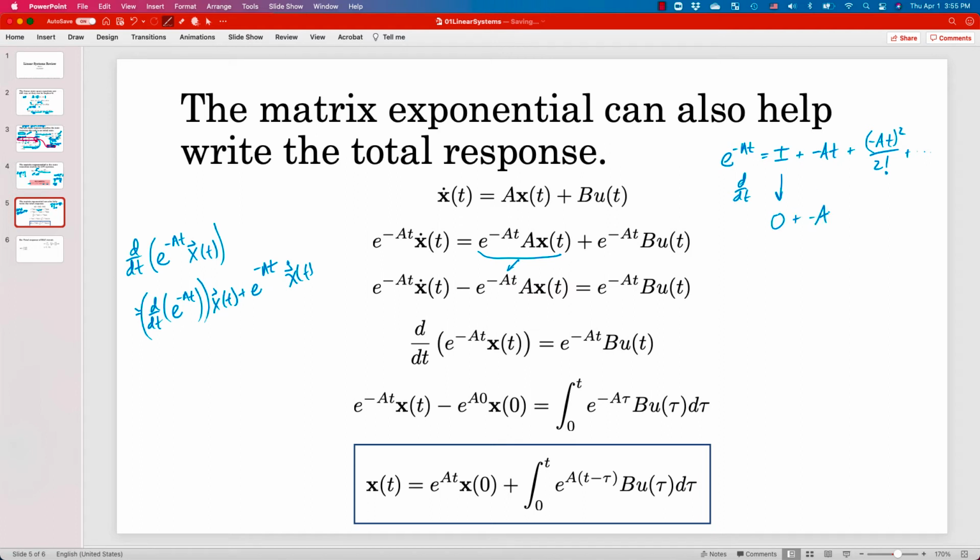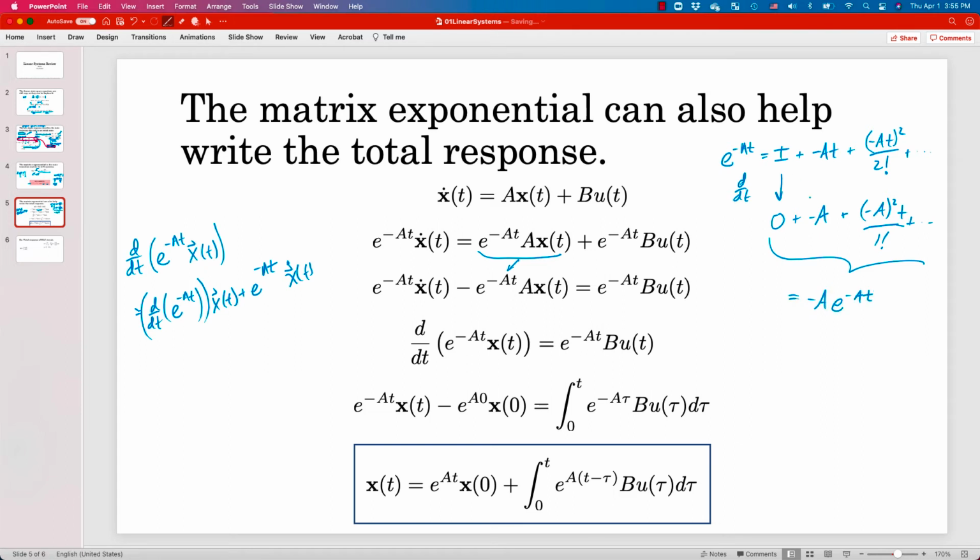The first order t drops away, and then we get something like minus A squared times t over 1 factorial. The powers here are going to knock the factorials down by 1. Plus dot dot dot. But what happens is that this is simply minus A times the original matrix exponential.